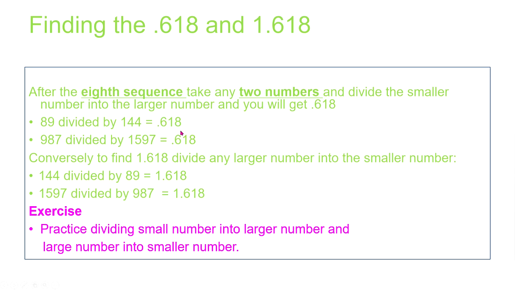Now, these are very common ratios, not only used as retracement ratios and extension ratios, but also in adding structure to some of the trading patterns that I'm going to show you today.